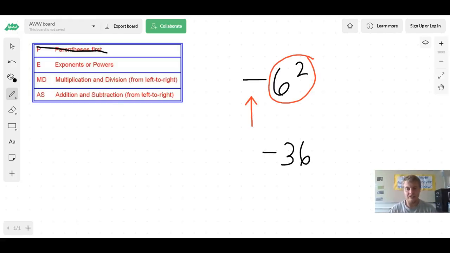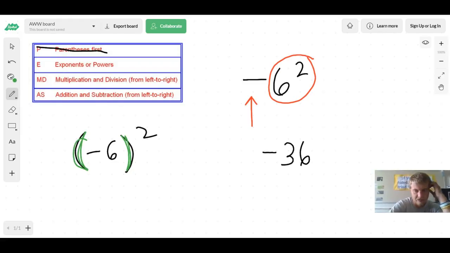It's actually a different problem than (-6) squared. With (-6) squared, since we have parentheses, we would do the parentheses first, which is connecting the 6 with the negative. So now the 6 and the negative are actually together. And so then when we square -6, that would be -6 times -6, which would give us a positive 36.